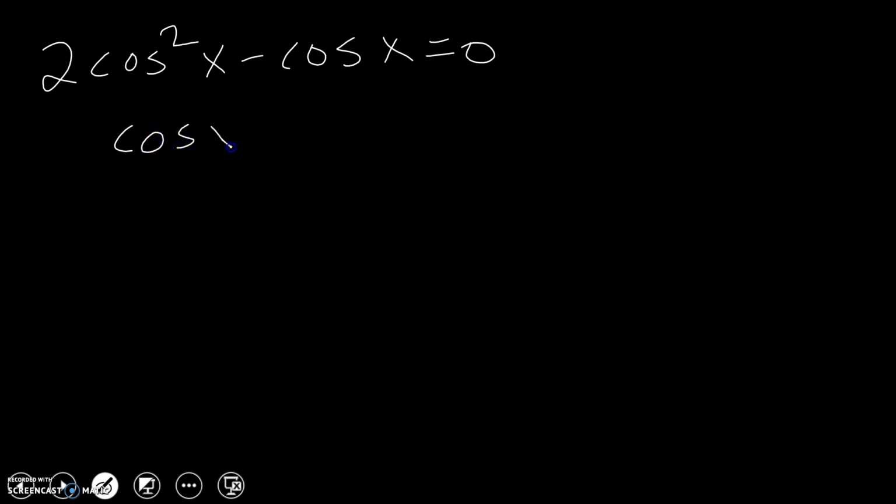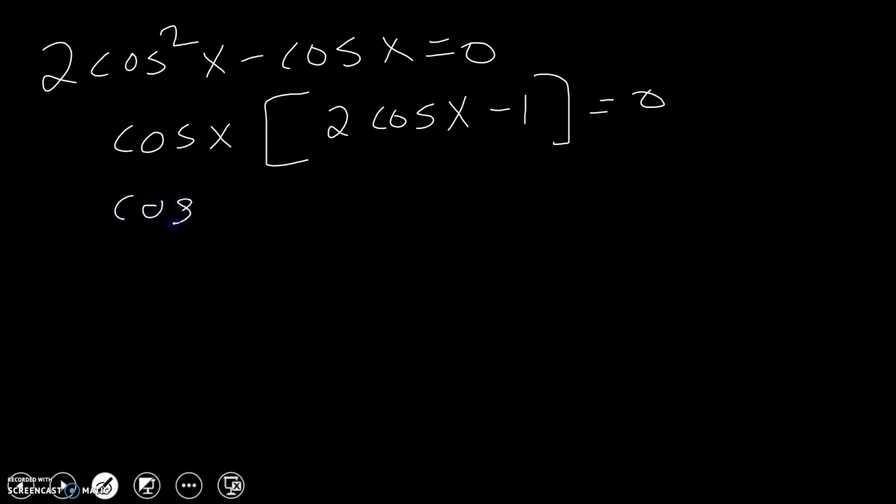So cosine of x times 2 cosine of x minus 1, which equals 0. So now I'm going to break this down into cosine of x equals 0 and 2 cosine of x minus 1 equals 0.